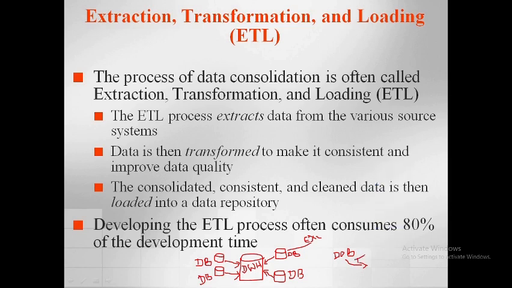What is transformation? As I told in the previous class, for date of birth, some are using DDMMYYYY format, some are using DDMMMYY, meaning three characters of the month, like JAN January, FEB February, MAY May, DEC December, and two characters of the year. Today is the 16th, so it is 16 May 21.